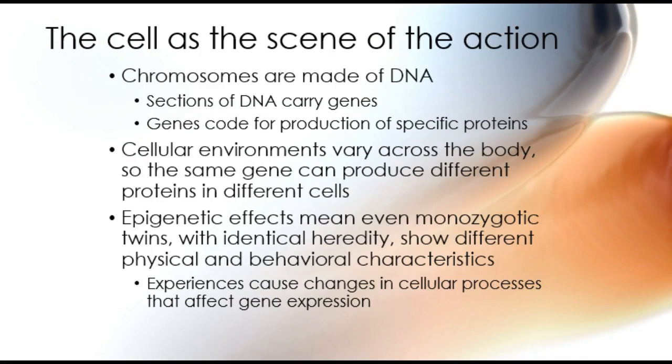The chromosomes in the nucleus of the cell are made of a remarkable organic chemical called deoxyribonucleic acid, or DNA. Long strands of DNA are combined with proteins called histones, wrapped and compacted to make up the chromosomes that we can see under a microscope. Chromosomes can reproduce themselves because DNA has the extraordinary property of self-replication.